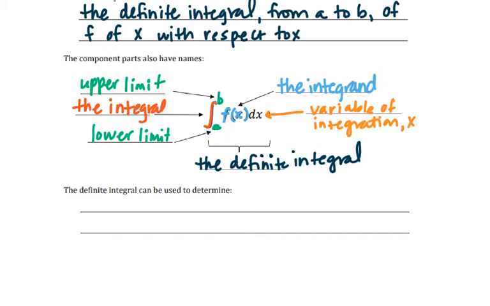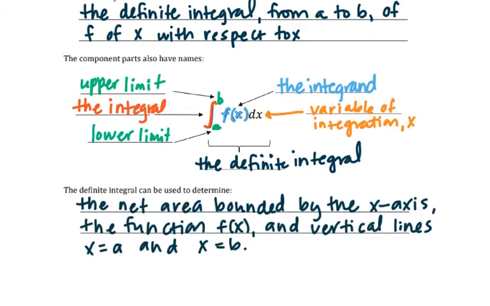We will talk about very soon what an indefinite integral is, and it simply means that we take off these bounds. We have no lower and upper limit anymore. So the definite integral can be used to determine the net area bounded by the x-axis, the function f of x itself, and the vertical lines that occur at the lower bound and the upper bound, or lower limit and upper limit. So you're finding that contained finite area.